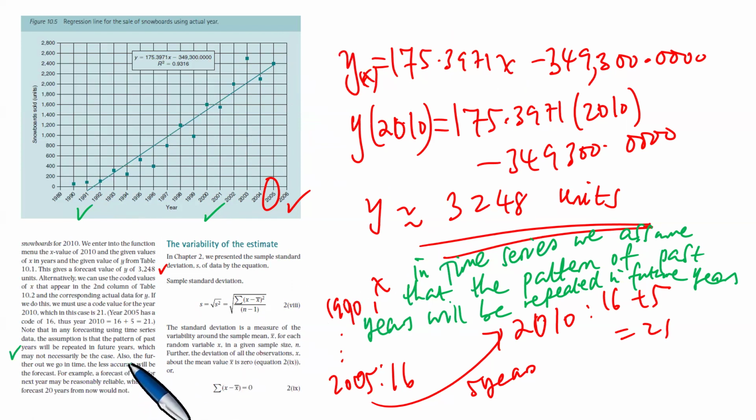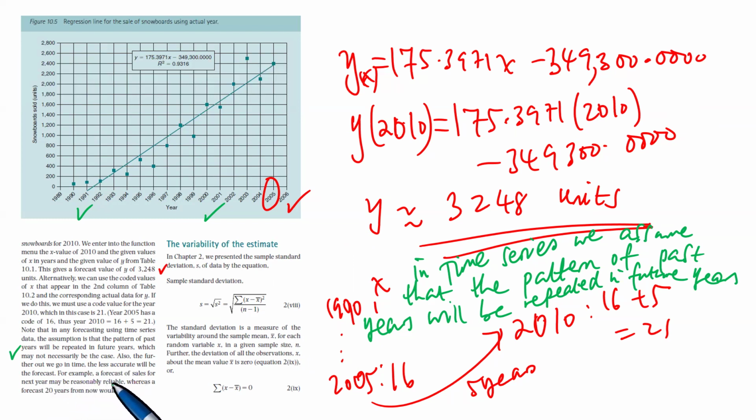Also, the further we go in time, the less accurate will be the forecast. So if we go many years, the forecast will be less accurate.